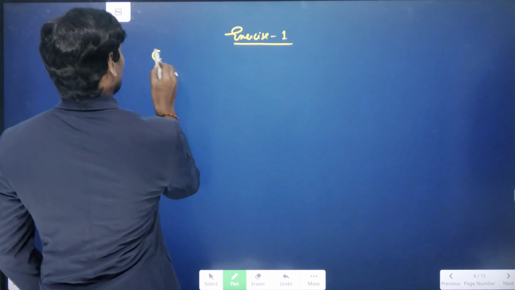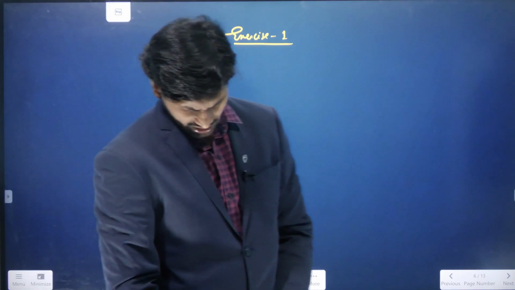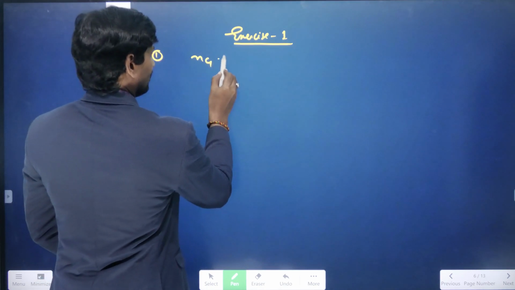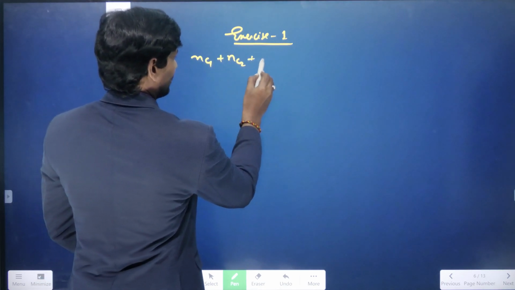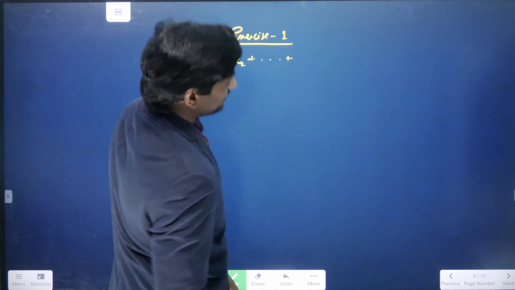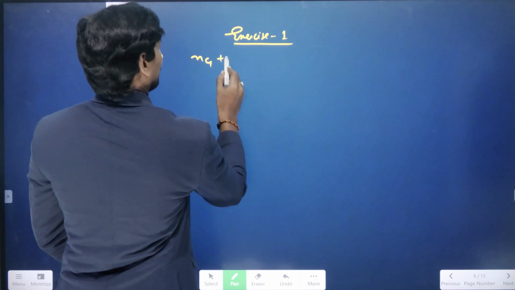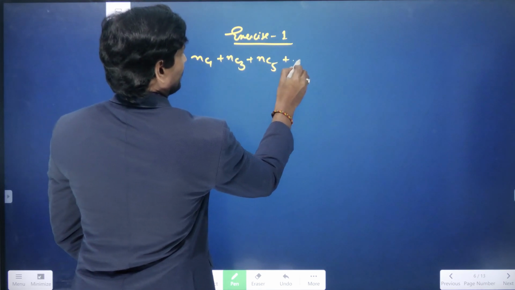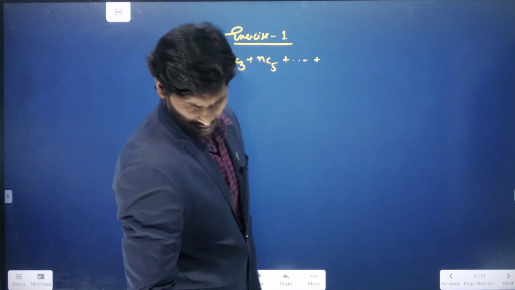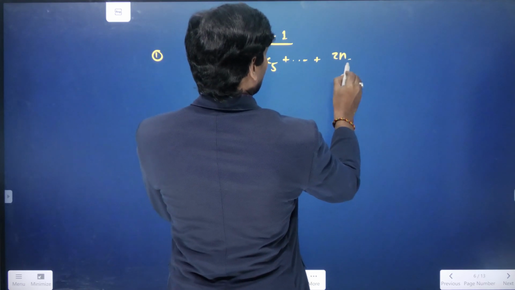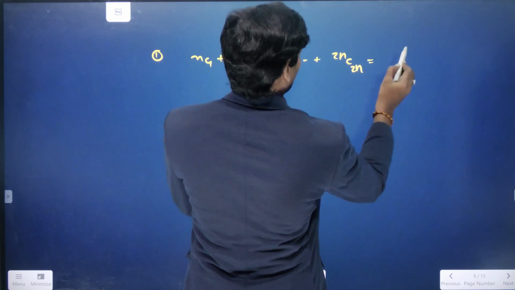The first problem is given: nC1 plus nC3 plus nC5 plus and so on plus 2nC2n equals to.